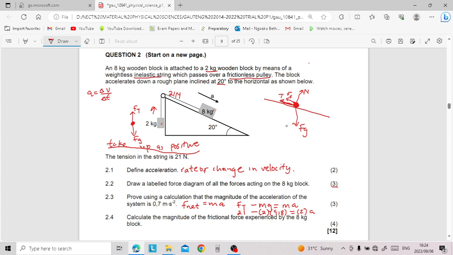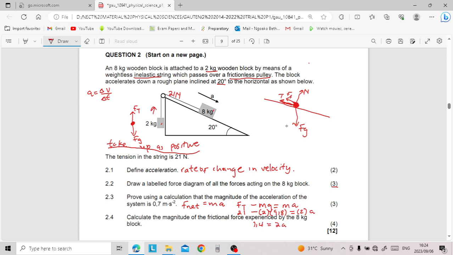Right, I'll press the calculator on this other side. We're going to have 21 minus 2 multiplied by 9.8. So about 1.4 equals 2a.